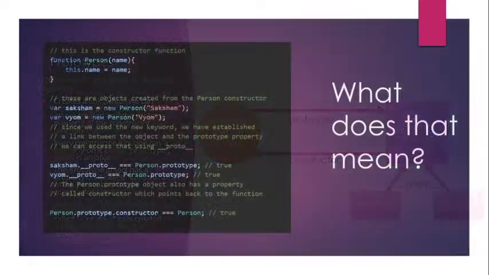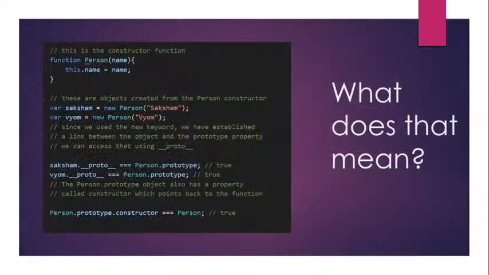Let's see it with code. The constructor person is the constructor function here, and it just takes one argument, which is then used as this.name equals name. These objects are created from the person constructor.